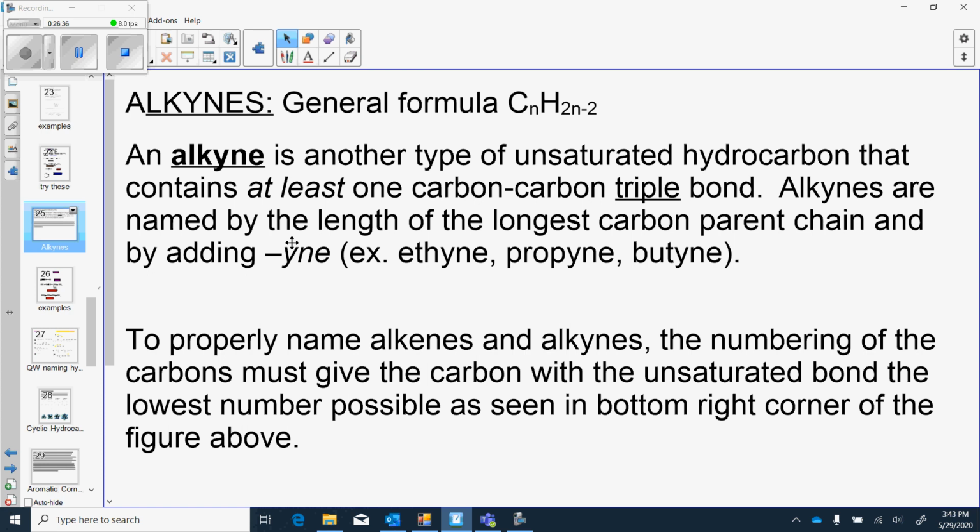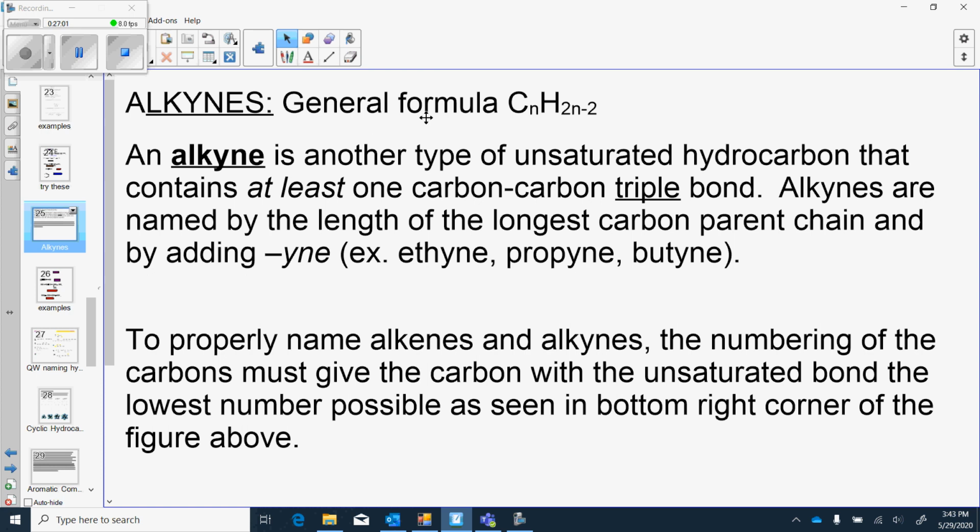These are still unsaturated because we're removing H's in order to free up valence electrons to create these multiple bonds. You have to have at least 1 triple bond, okay, triple covalent bond. And if you have at least 1, it's part of the alkyne family. And you get a little bit of a difference in chemical properties because of the triple bond.